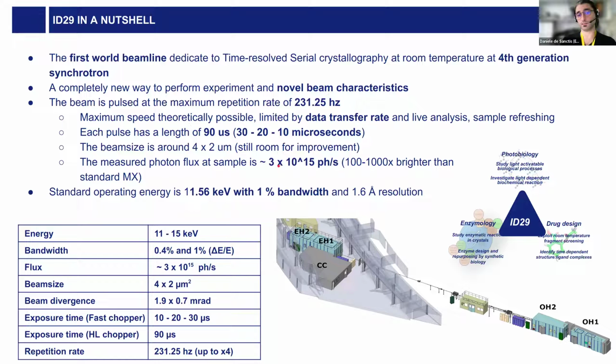We have a photon flux at the sample of around 3 times 10 to the 15 photons per second, which is 100 to 1,000 times brighter than what you can achieve on a standard MX beamline, which we expect to at least double with the operation of the permanently cryo-cooled undulator.